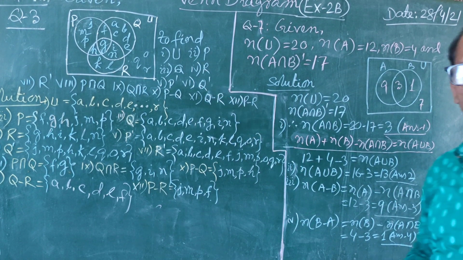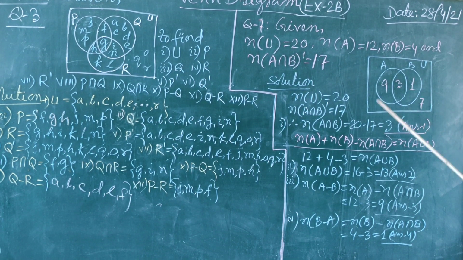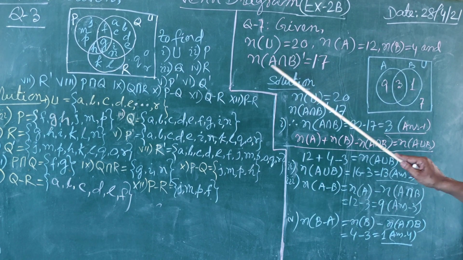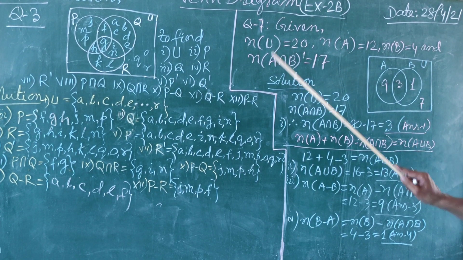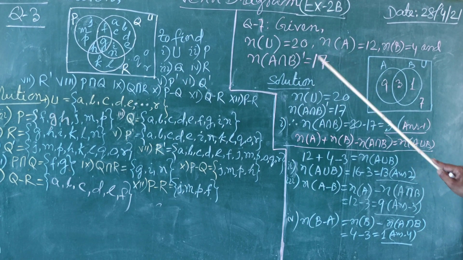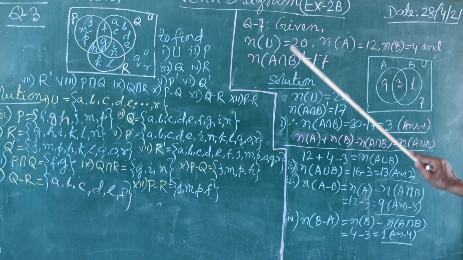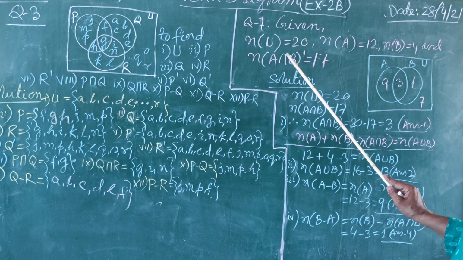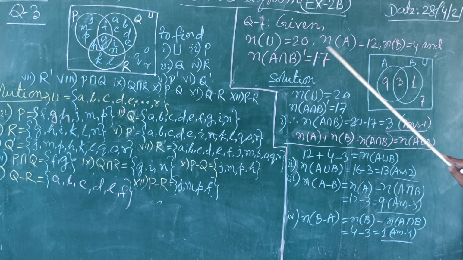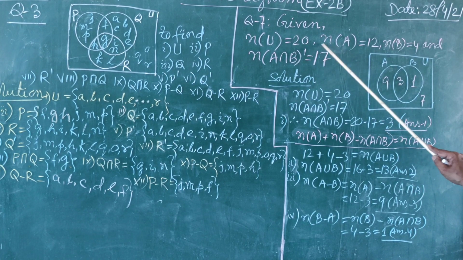It would be better always if you draw a Venn diagram, the universal set. You write down the cardinal number part. First, the intersection complement is 17 and the total cardinal number is 20. These two will come into action first. Why? The total number of elements is 20, but if you leave the intersection part, the remaining will be 17.